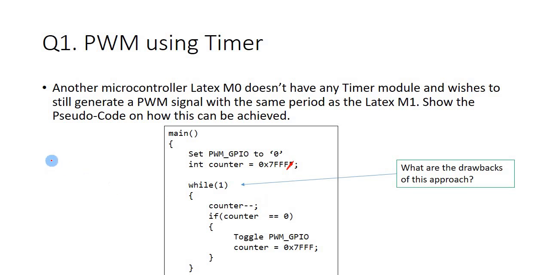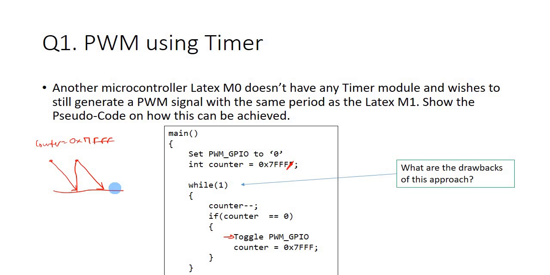We have a variable, counter, with the value 0x7FFF, and I will keep counting down till I hit 0. Once I hit 0, I will do the same toggling, reload my variable, and do it again. Very much similar to what we saw just now.